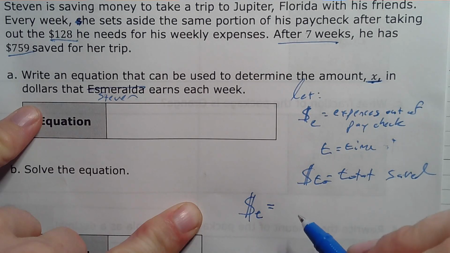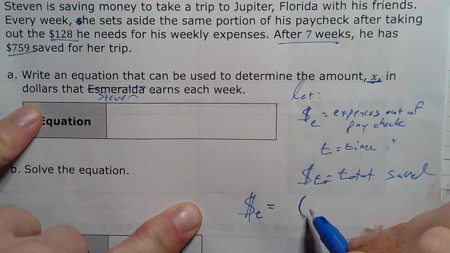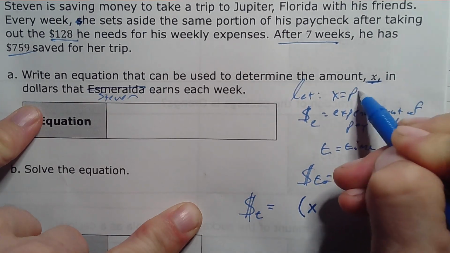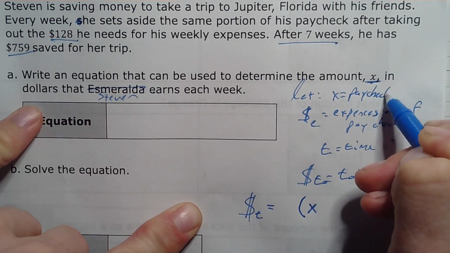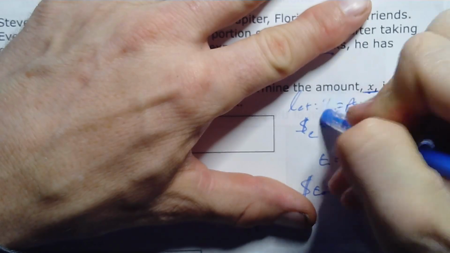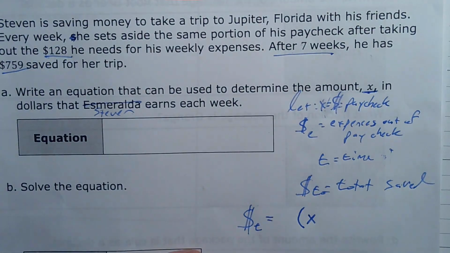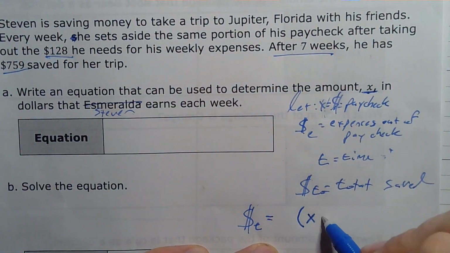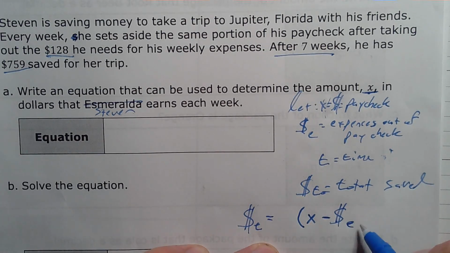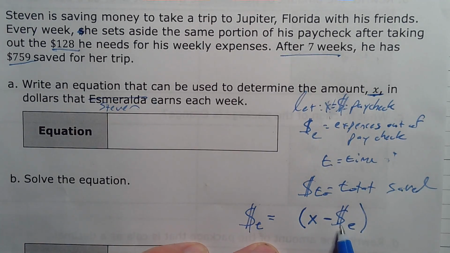Well, we know that each paycheck, X, equals dollars per paycheck, right? Let's replace that as X equals dollars per paycheck, minus the dollars that he sets aside for the expenses.